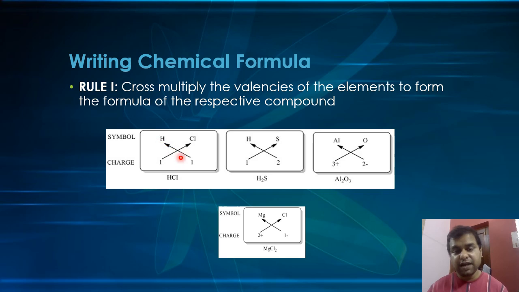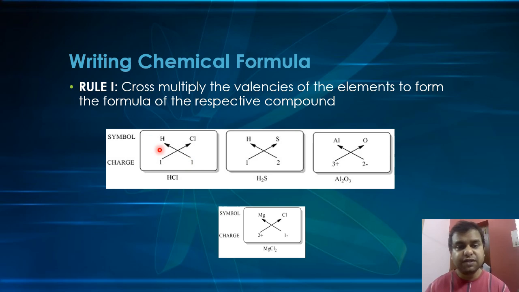Hydrogen has a valency of 1 and chlorine has a valency of 1, but the difference between the two is the charges. Hydrogen has a positive 1 charge and chlorine has a negative 1 charge. You will never find compounds that are formed of the same charge. They have to be of opposite charges.